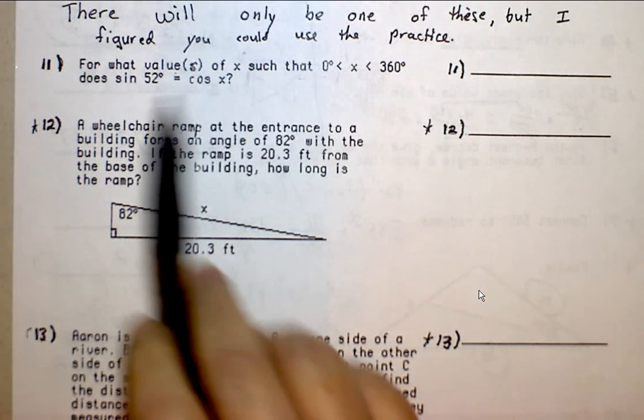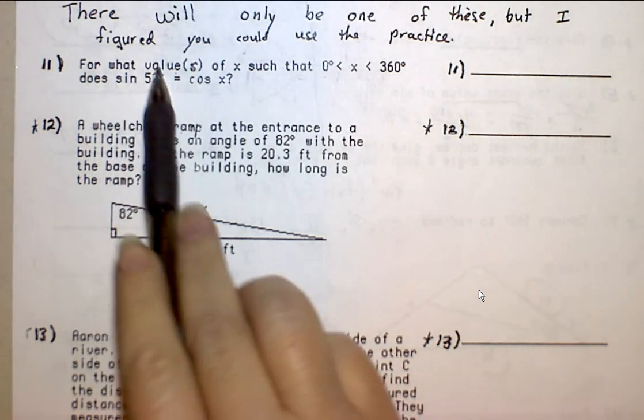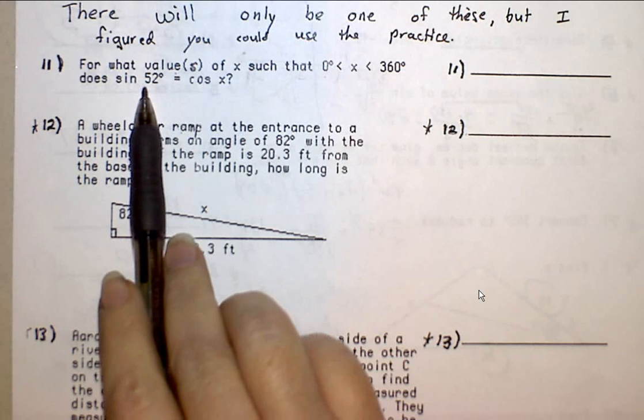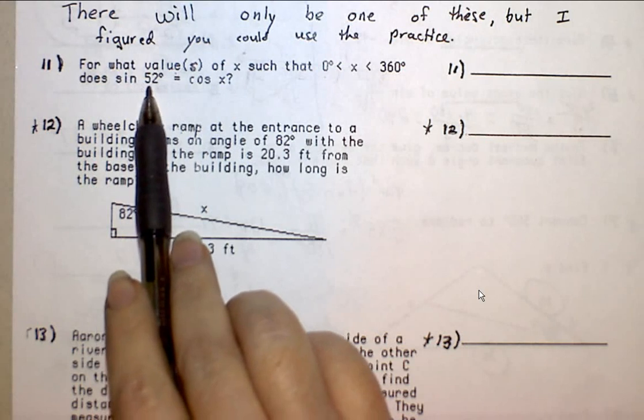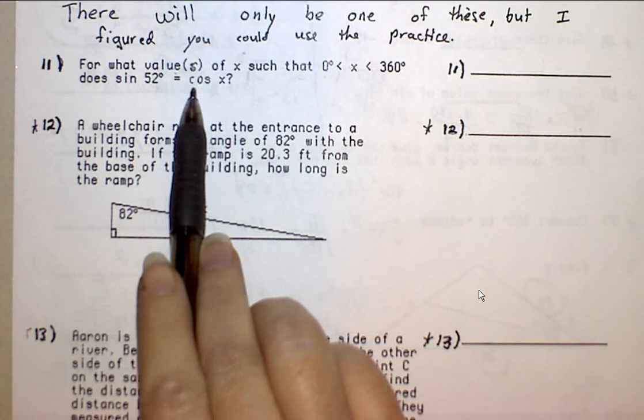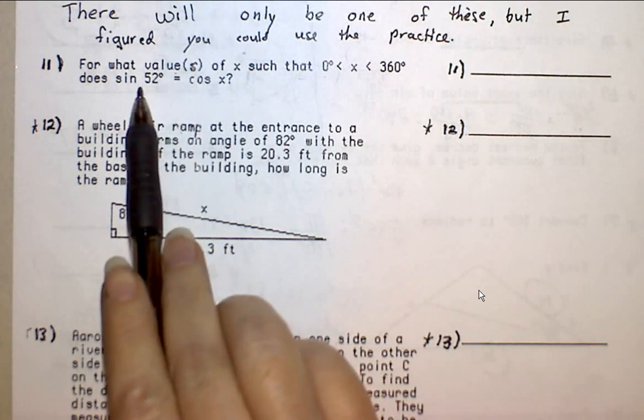So, first of all, we have to think about sine of 52. Sine of 52 is a positive number, right? So we also need to know where else, so what one do we have?